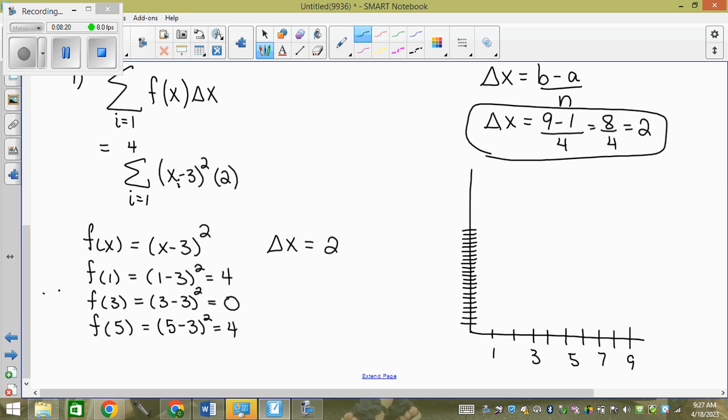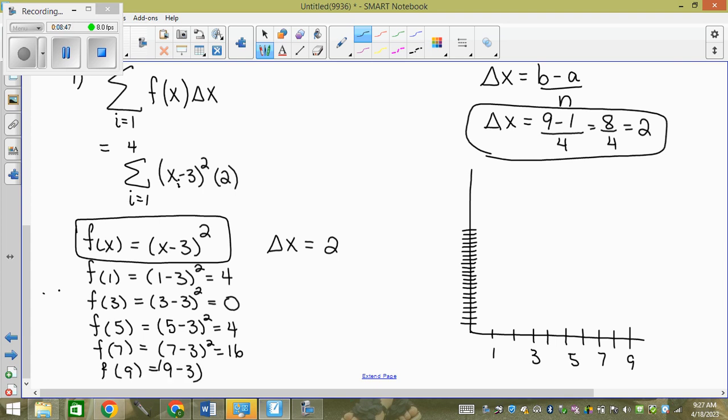Why is it going 4, 0, 4? This is a parabola that's been moved 3 to the right. So my vertex is on 3, 0, right? That's why it is where it is. f of 7 is 7 minus 3 squared, which is 16. And then f of 9 is 9 minus 3 squared, which is 36. And that's why I stopped drawing the lines, because it's going to get stupid.